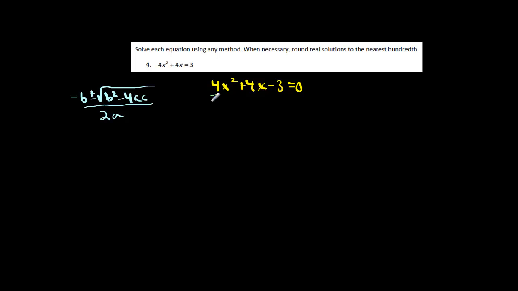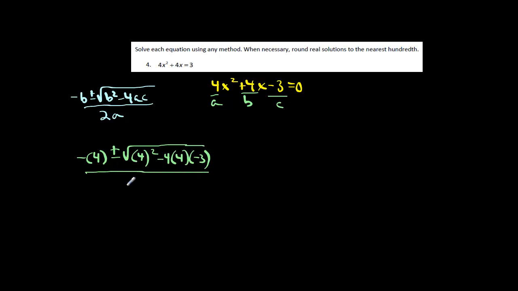Let's identify our a, b, and c values and then substitute it in. So the opposite of b, plus or minus square root of b squared minus 4ac, all divided by 2a.